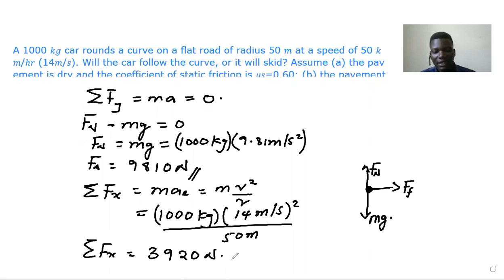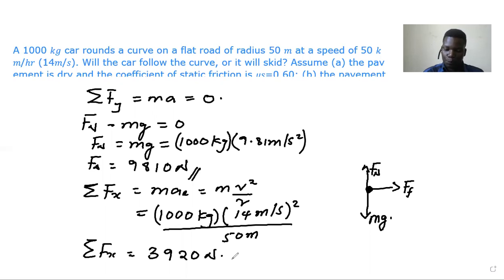So this is the force that is required to keep this car moving in a circle around the curve. Now, we need to calculate the maximum static friction force to see if it's large enough to provide the required centripetal acceleration.